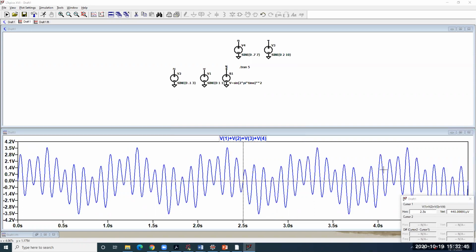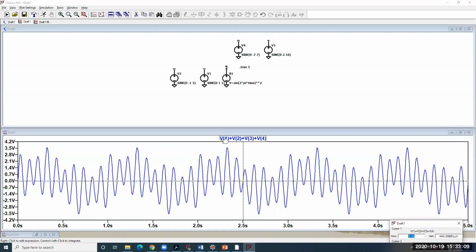So here we have a signal, and it looks like sine waves are in there. You might see that there's a period to it, but it's a little bit difficult just to look at it and see.